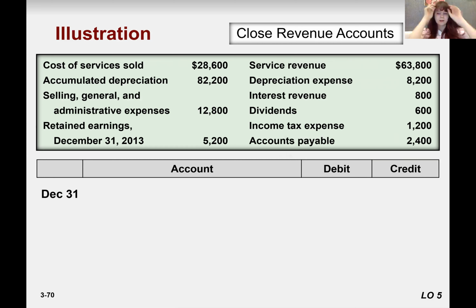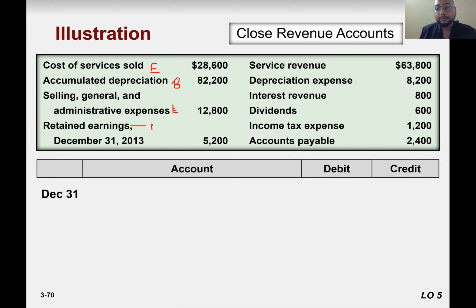First we need to close down the revenue. Look at where we have the revenue accounts. Cost of goods sold, no, these are not revenue. Accumulated depreciation, this is not revenue. Let me change the color so that it can be easily pointed out. So these are expenses. Accumulated depreciation, this is a balance sheet item, I write B here. Selling, general and administrative expenses, this is an expense, an income statement item.